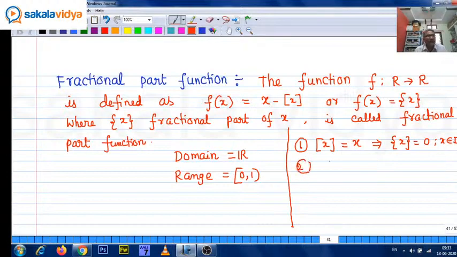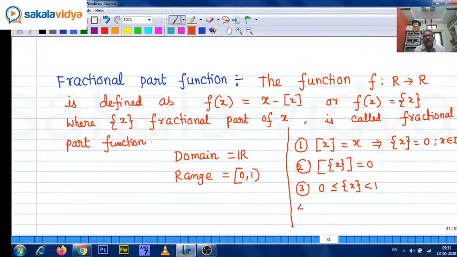Second one: integral part of fractional part of x is obviously 0. Next, 0 is less than or equal to fractional part of x, which is less than 1. See, the range is 0 comma 1.